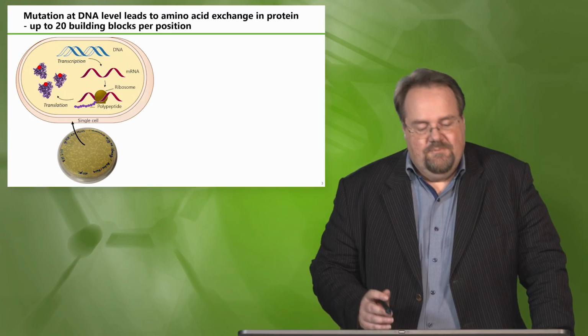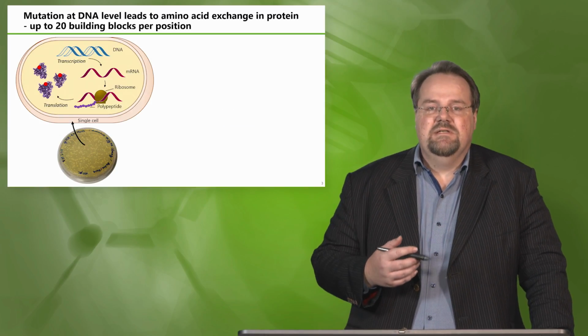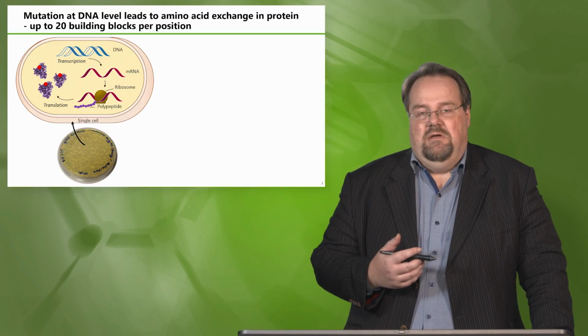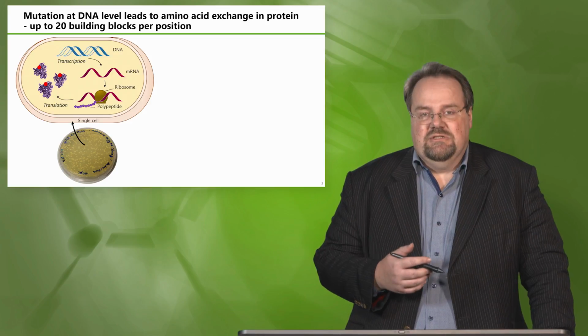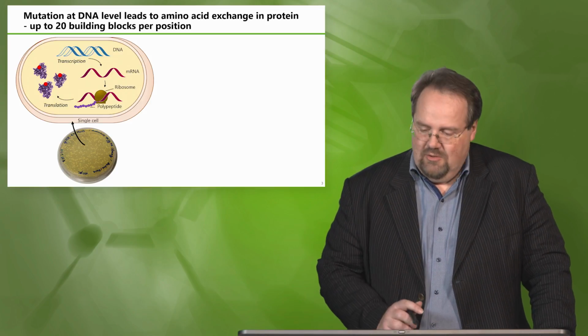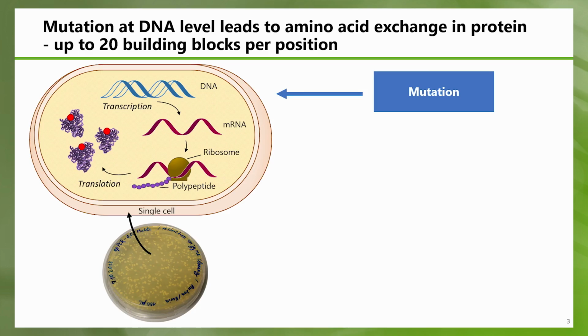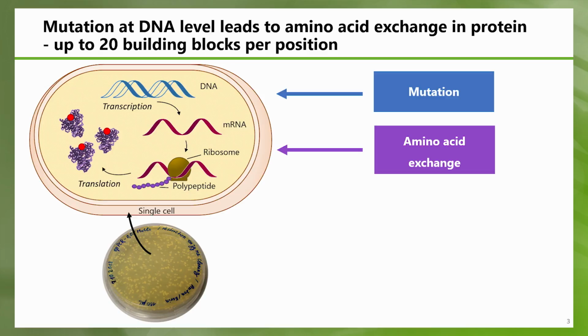There's one point where we should be very clear when we do protein engineering: how we are doing it. All the mutations are basically done on the DNA level. So you mutate the DNA, and this is then translated on the protein level, as we saw, to an amino acid exchange.